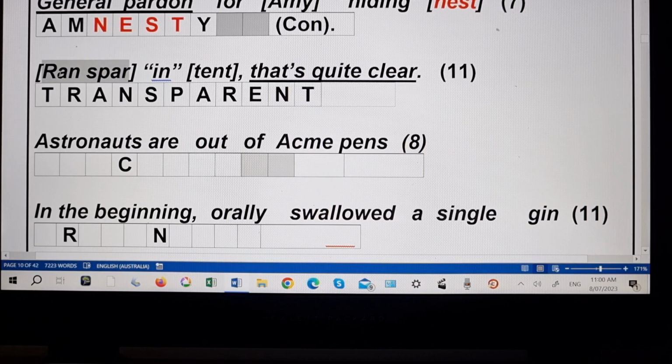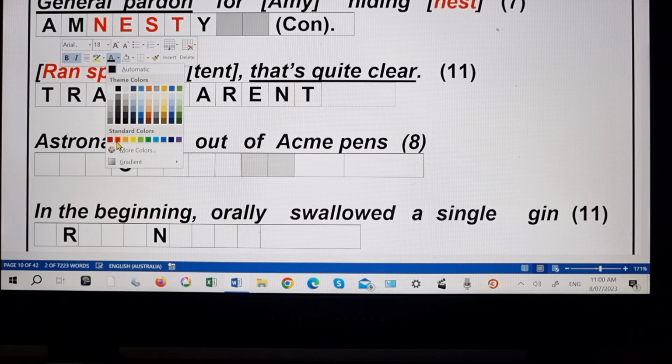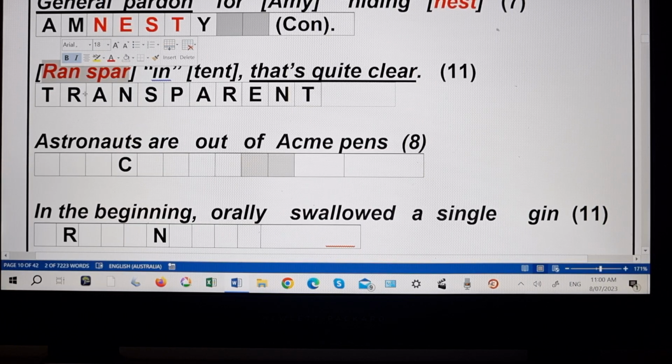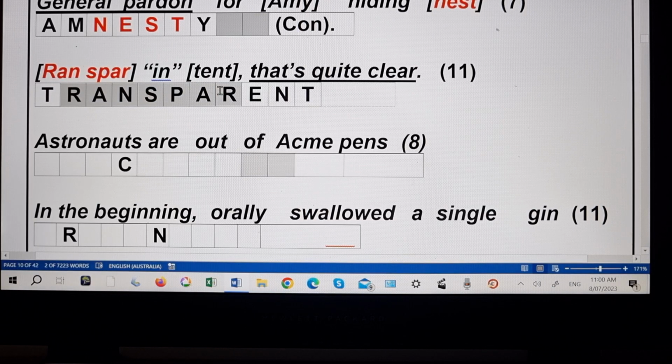Yes, it's transparent. Well, if we get that, is Ren Spa in tent? Is that Ren Spa there somewhere? Let's see if we can get it. As I say, it's actually using the words here that are in the text. Yeah, there's Ren Spa, and what's it in? Ren Spa is in tent. Easy, isn't it? That's a container. Now, don't be led astray.